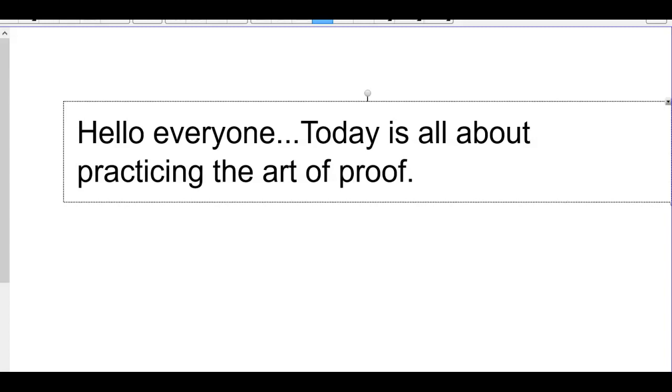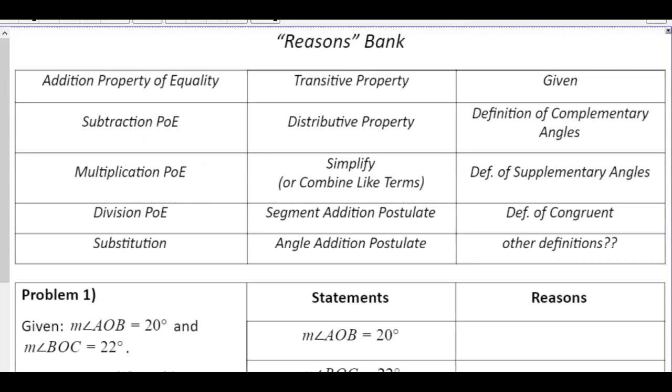So today and tomorrow, that's how important this is. We're going to be getting used to these ideas, these reasons, these justifications, and so forth. So let's look at our first slide. When I talk about the reasons bank, this is the justifications, and this is what I was talking about yesterday.